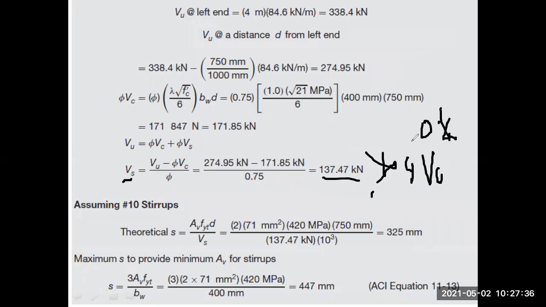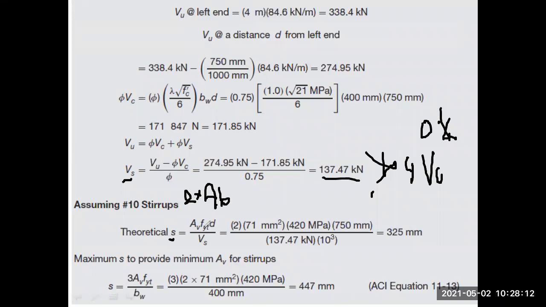Then we move ahead. Now what we do, we calculate what we call the theoretical spacing. It's based on calculation. We know the formula is Av fyt d over VS, and we know that fyt is the yield stress for the stirrups, and Av, if the stirrups have 2 legs, is 2 times the area of each bar, A sub b times 2.